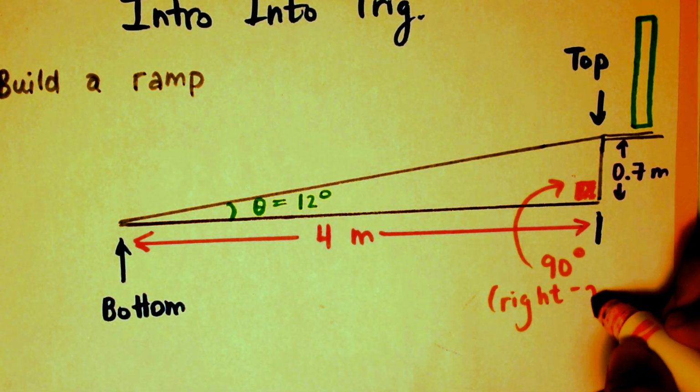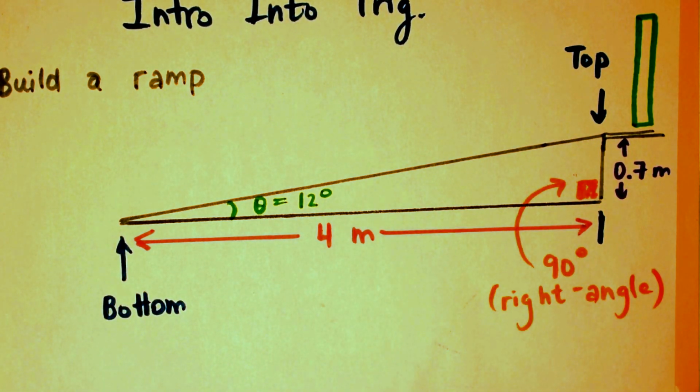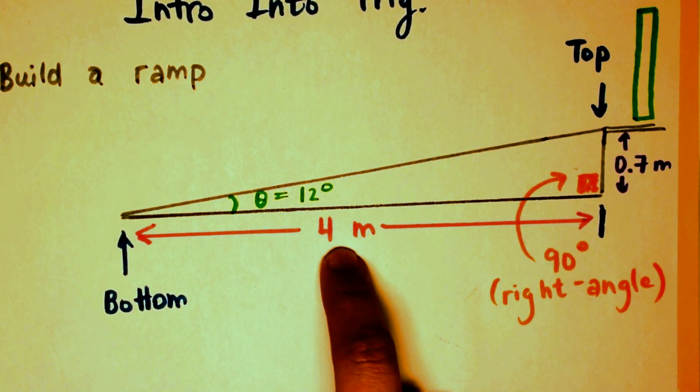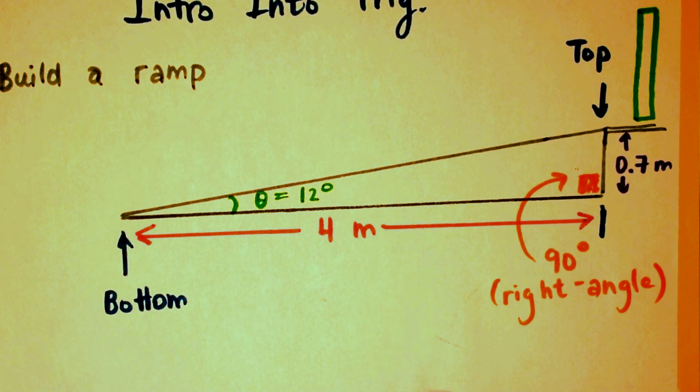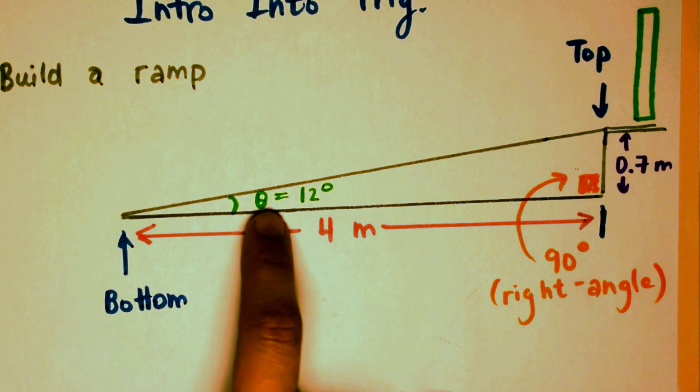This is obviously all review, right? Right angle, which makes this a right angle triangle. Just to label this triangle right now, we have here our angle, which is 12 degrees.